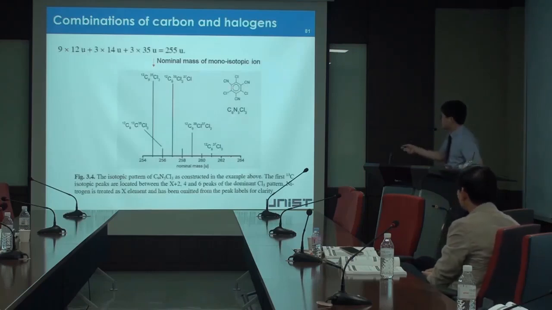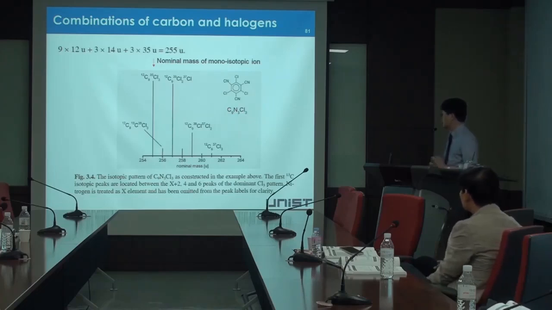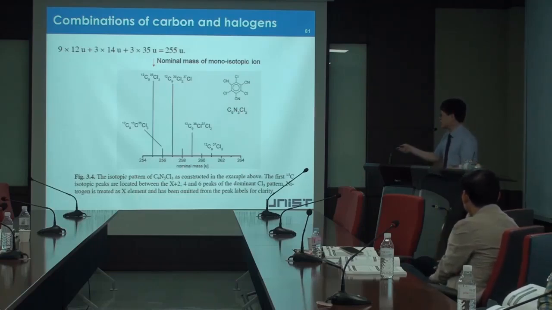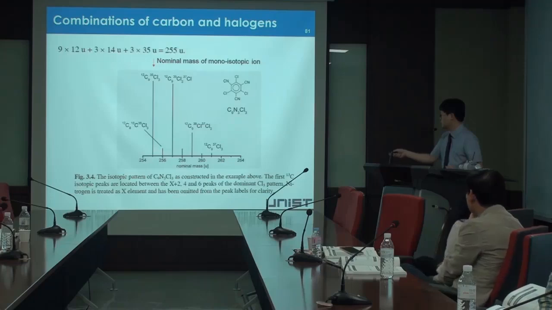So, for example, this molecule has 9 carbons, 3 nitrogens, and 3 chlorines. We can consider carbon isotopes 12 and 13, and chlorine isotopes 35 and 37. So 1, 2, 3 is the basic peak by chlorine, and a small peak here is induced by carbon-13.